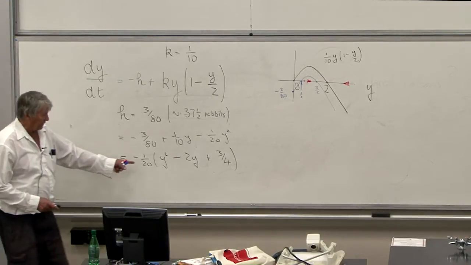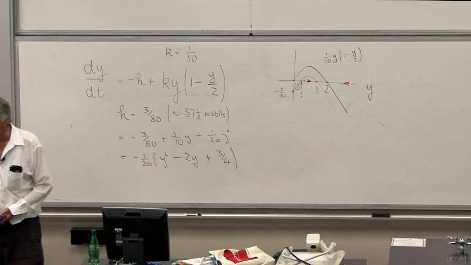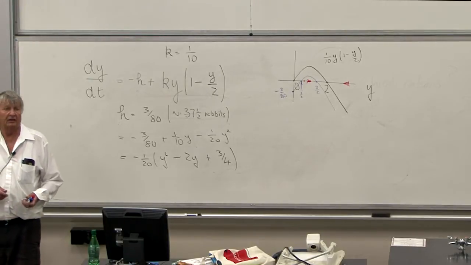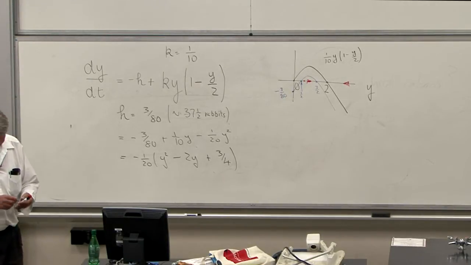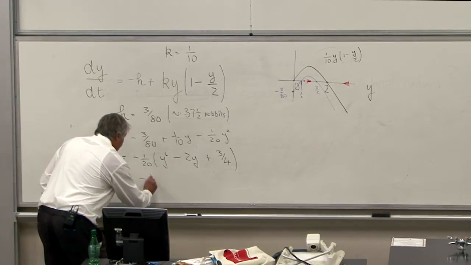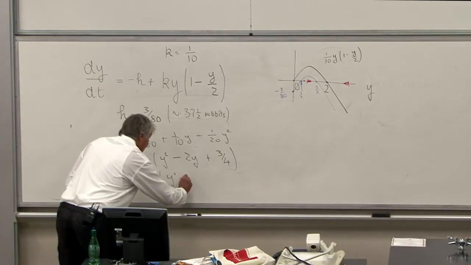Now, factoring quadratics should be very straightforward because you can use the quadratic formula. But the quadratic formula is essentially just an exercise in completing the square. And so let me do it that way. So this is minus 1 over 20, and this is y squared minus 2y.